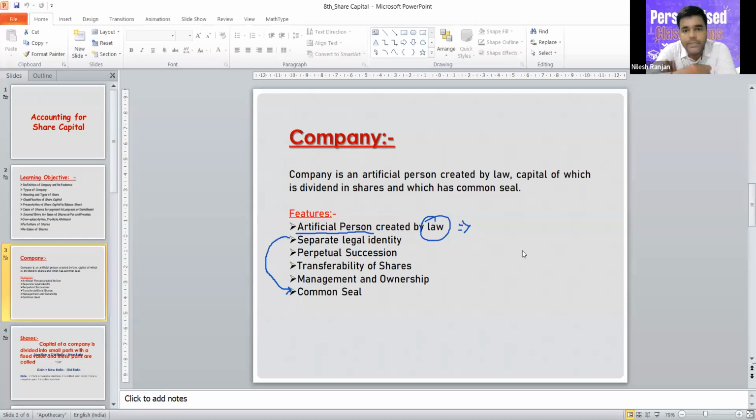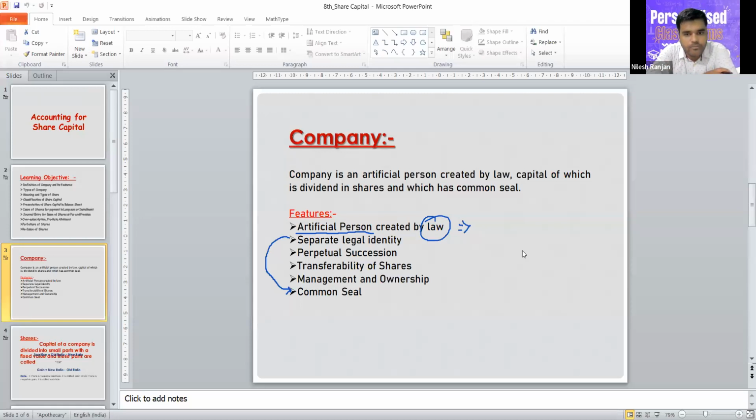Then we can be separate legal identity. Generally, when a child is below the age of 18, a minor, it is treated like he has no separate legal identity. He will work as per their parents. So that's why a company has separate legal identity, means it can file cases against some other person.